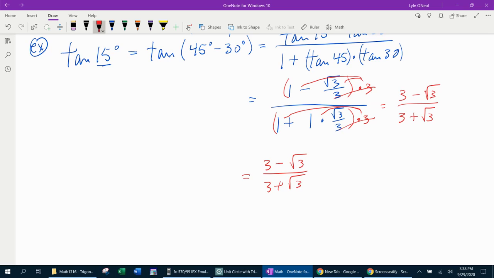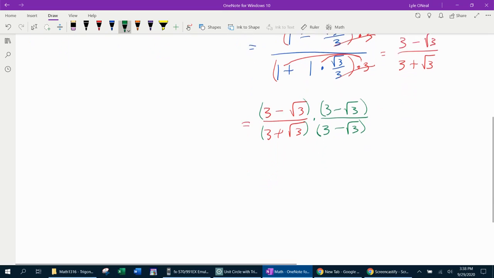So to remind you what the conjugate is, it's the denominator with a different sign. And remember, whatever I do at the top, I have to do at the bottom. So I'm going to multiply top and bottom by 3 minus square root 3. Again, that is the conjugate of the denominator. And this is going to require the FOIL method twice.